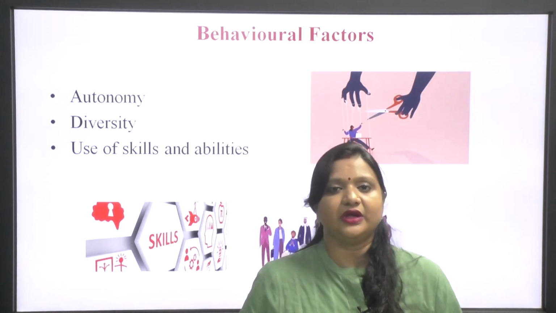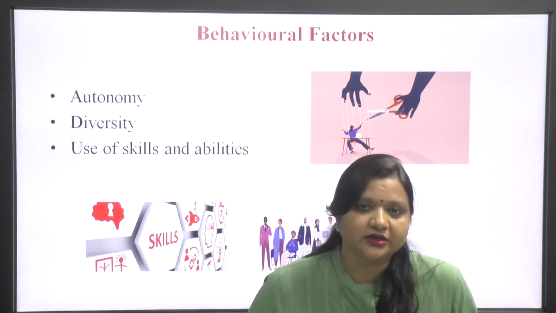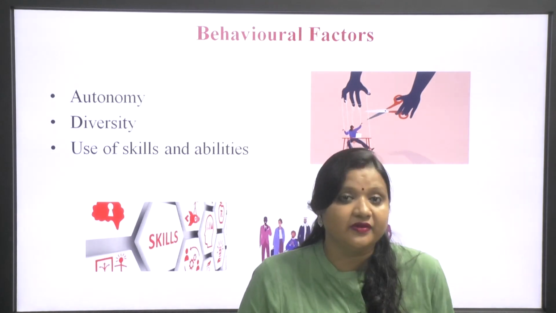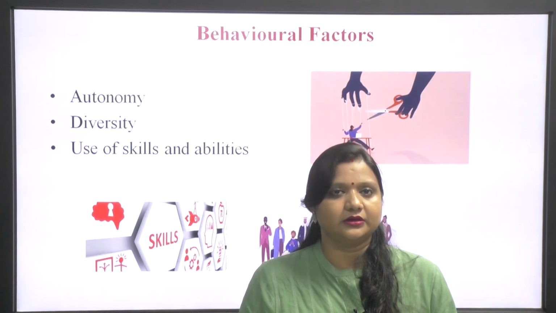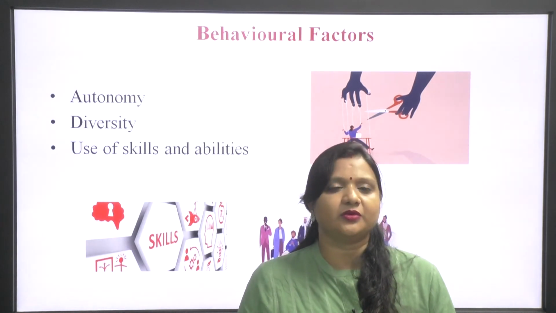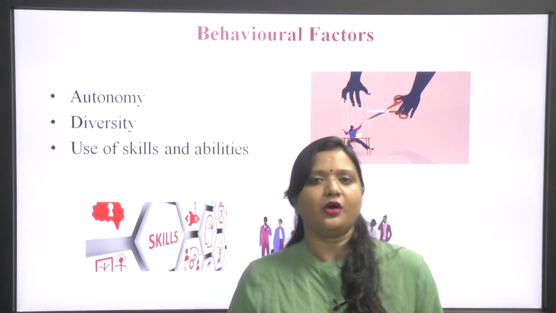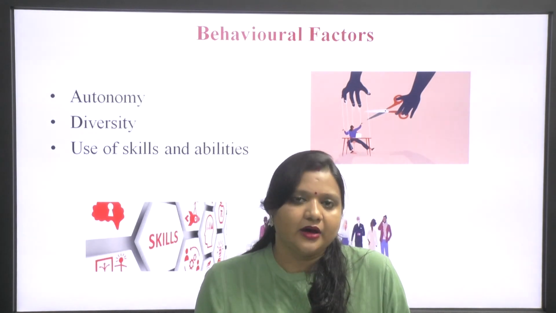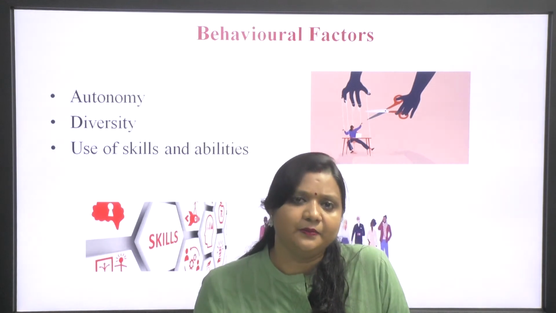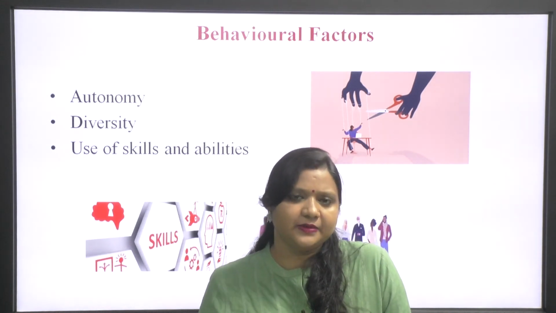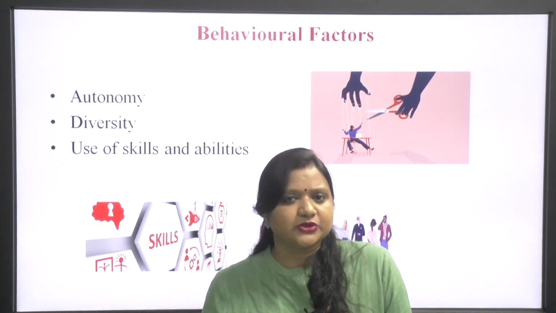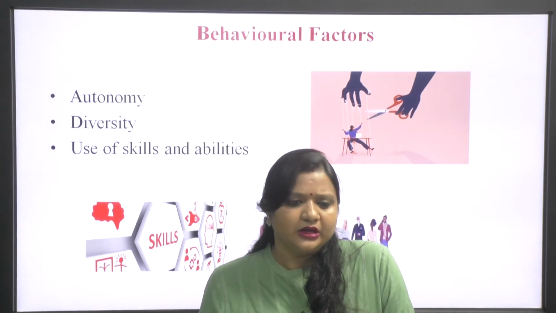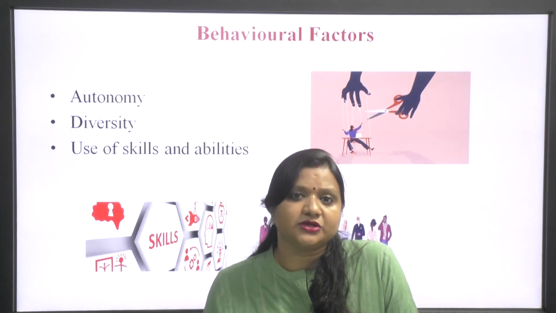The next one is behavioral factors. Behavioral factors, as the name itself refers, are factors related to the behavior of the employees, and these include factors like autonomy. Autonomy is all about giving freedom to the employees. Suppose you have hired an employee and you have communicated the roles and responsibilities that he or she has to perform, so they also have a clear picture about that.